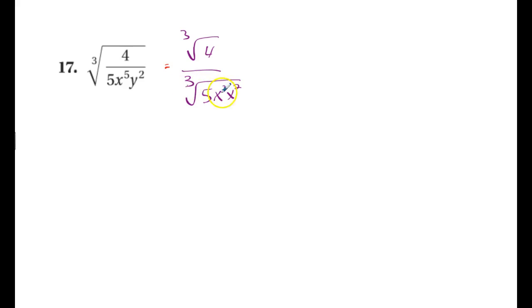Even though the cube root of x cubed is nice, I ended up with kind of a mess, and I would rather, if you're in the denominator, move up. So I'm going to keep this x to the 5th and y squared and think about how many more I need. So I'm going to multiply by a clever use of a yellow number, which is equal to 1. Whatever I do to the denominator, I have to do to the numerator.